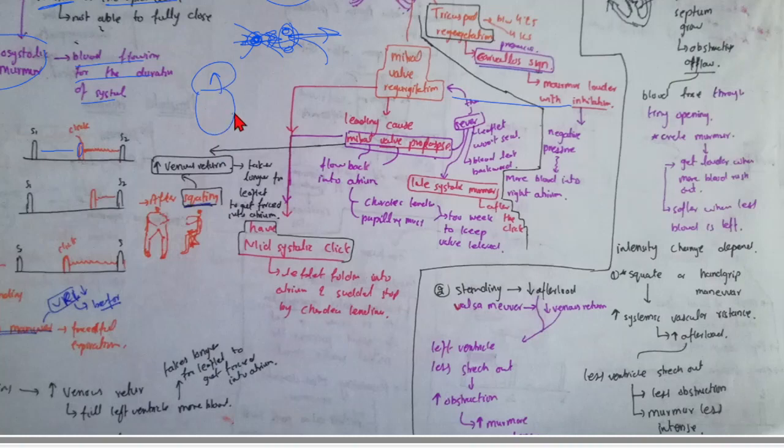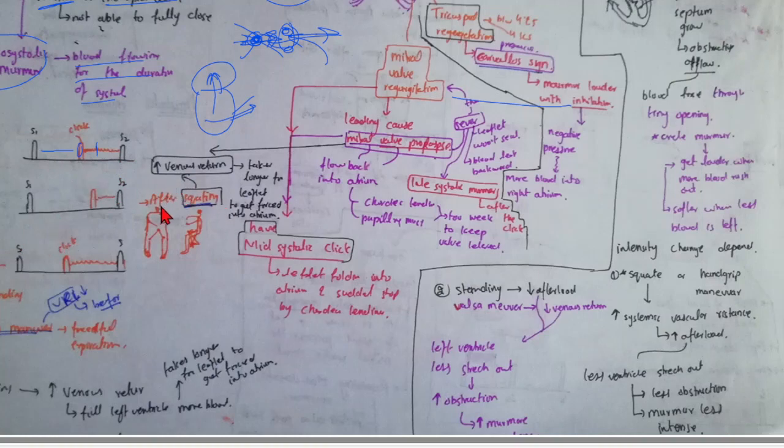During systole the blood needs to move out like this to the aorta, but at the mid of systole the blood also moves toward the atria, so this creates a mitral valve prolapse, or mid-systolic click.